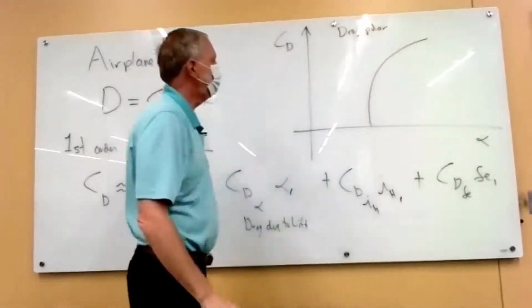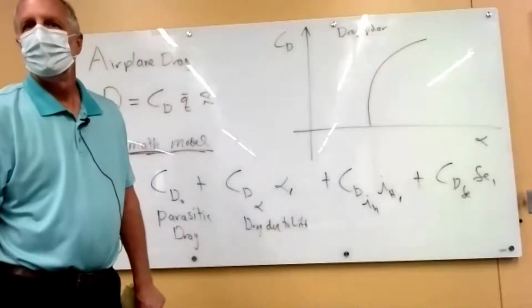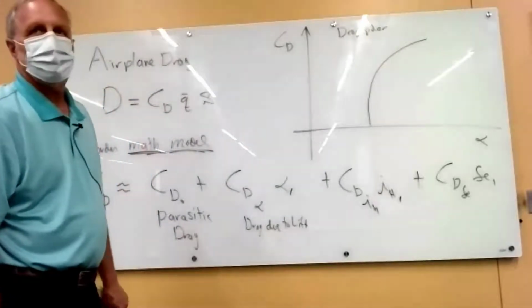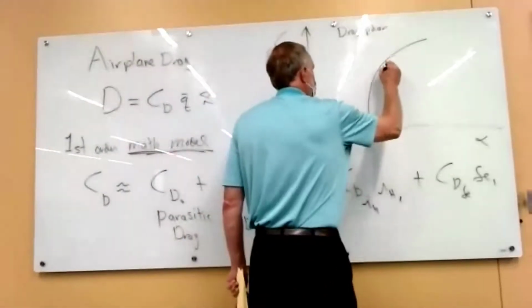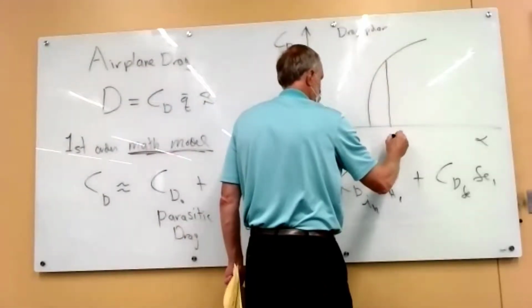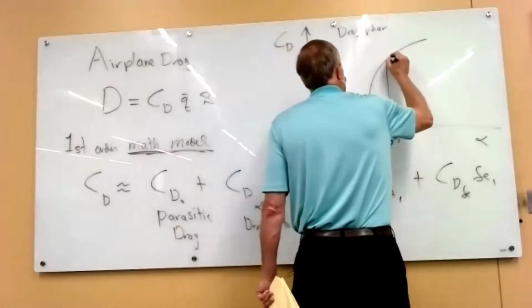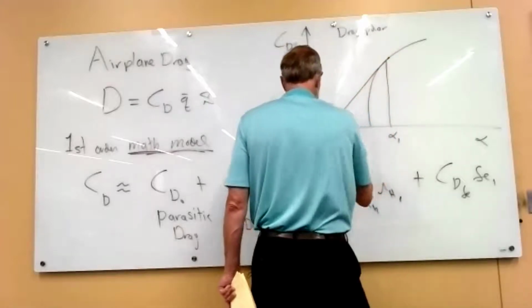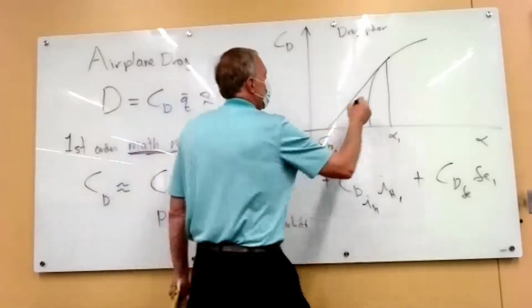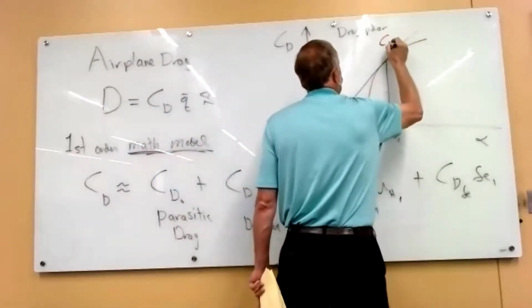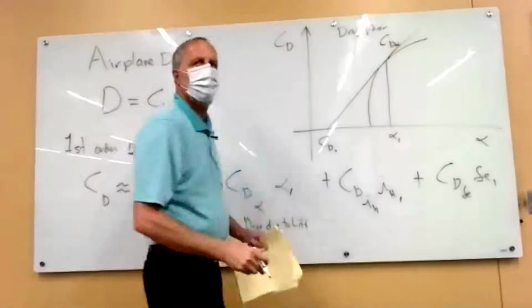Because if you plot CD versus alpha, it's not a line, it's this thing. And so what we're saying here is that at a certain angle of attack, we run a slope through this, and then we get an intercept that's the CD0, and then the CD alpha is the slope of that thing.